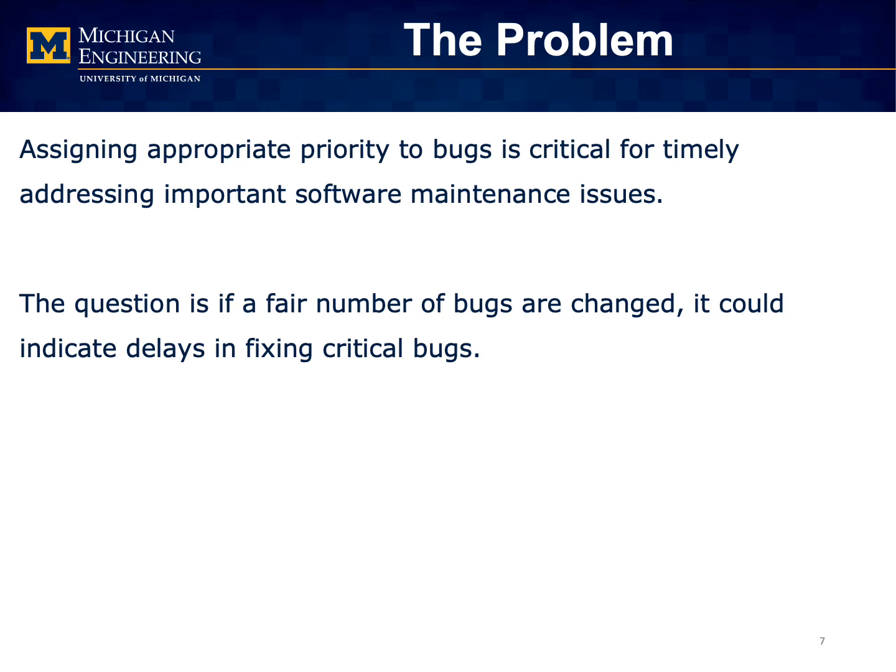What we have found is that if a fair number of bug priorities are changed, it could indicate delays in fixing critical bugs and releasing new deployments.